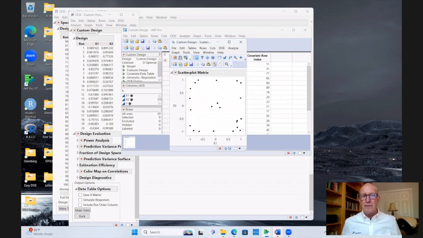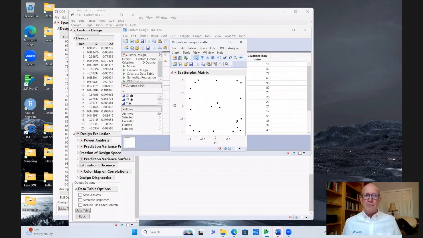And so it's accomplishing a lot of space fillingness at the same time as it's getting very high efficiency for fitting a full quadratic model. So this is a compromise kind of design.